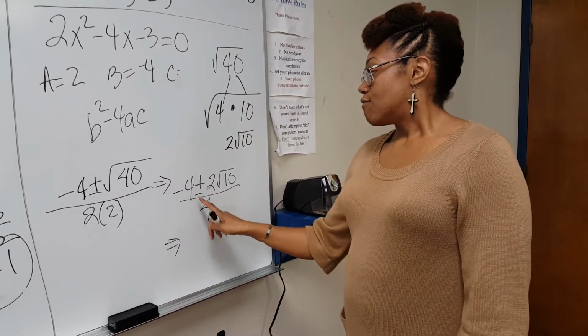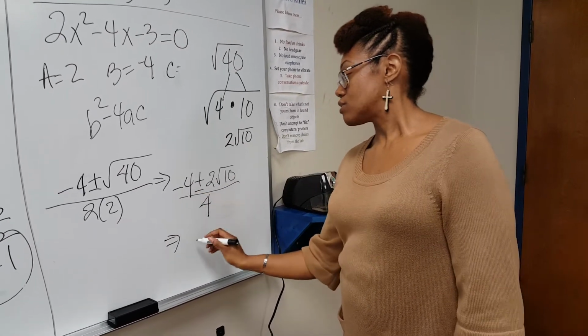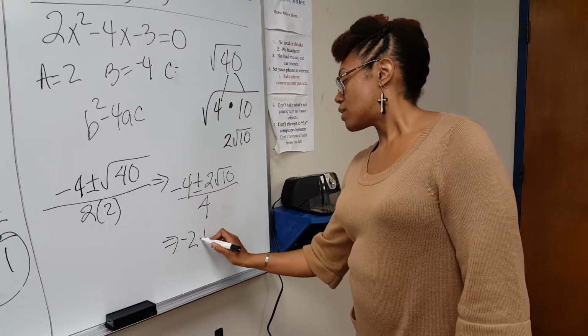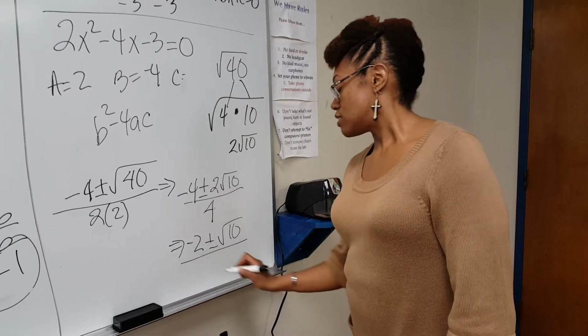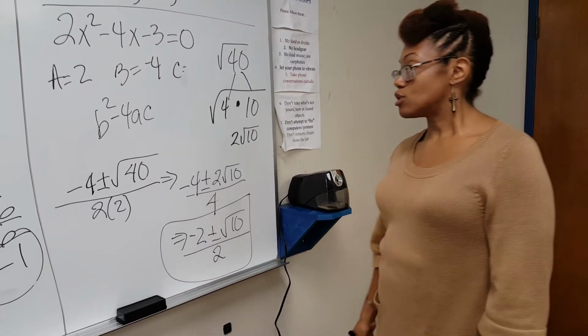So, 4 and 2 have a 2 in common, so 2 goes into 4 a negative 2 times, 2 goes into 2 a plus or minus 1 time, and then 2 goes into the 4 in the denominator 2 times, and then this would be my final solution.